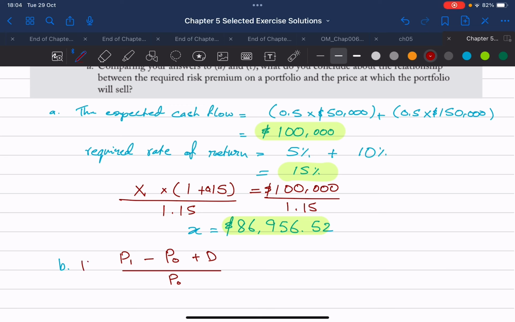Which is the normal HPR formula that we typically use, right? What is P1 in this case? It's the $100,000. So 100,000 minus what's P0, the beginning price? It's this right here.